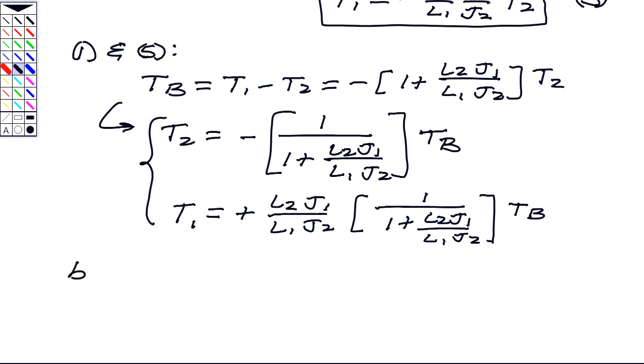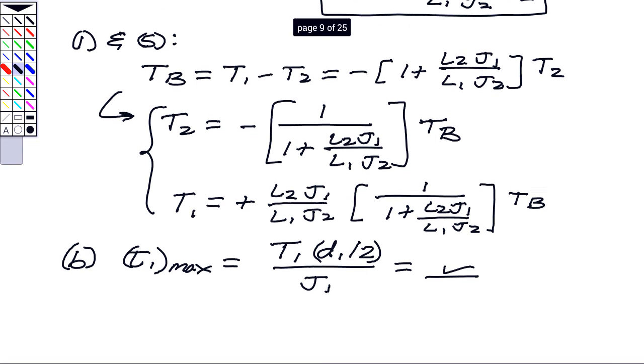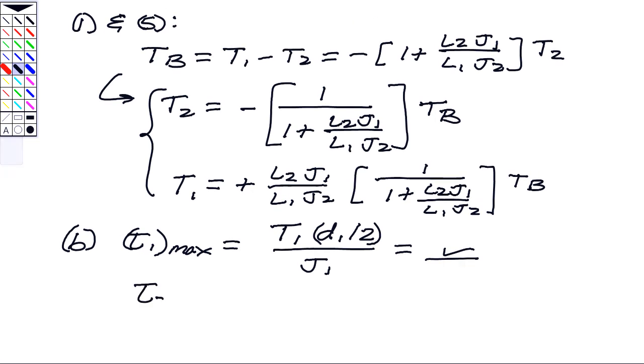For part B, we want to know the maximum shear stress in elements 1 and 2. So tau max in 1 is going to be T1 times the outer radius of 1, so it's D1 over 2, divided by J1. At this point we have everything we need to calculate that. Whereas the maximum shear stress in 2 is T2 times D2 divided by 2, divided by J2.